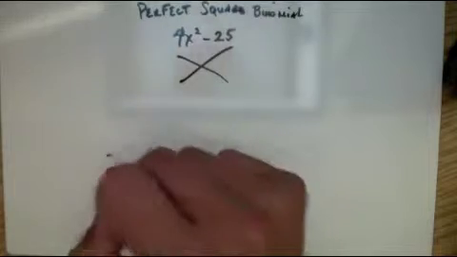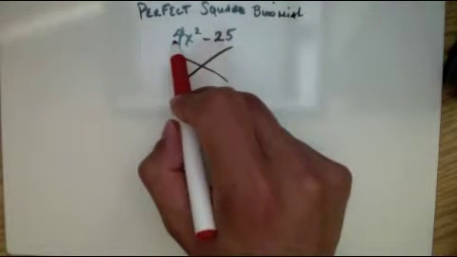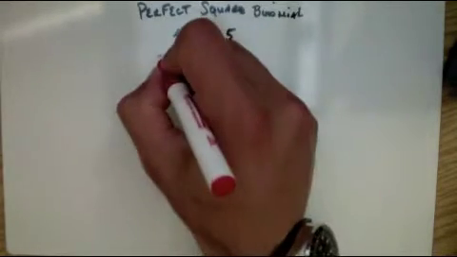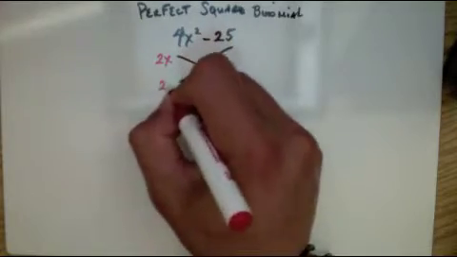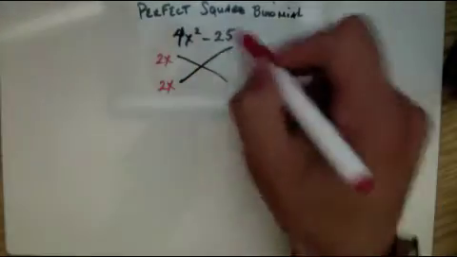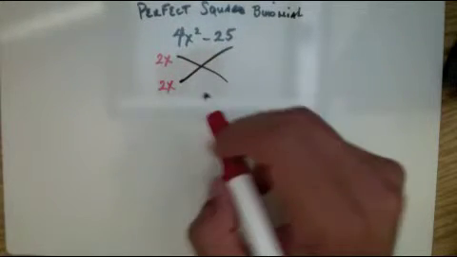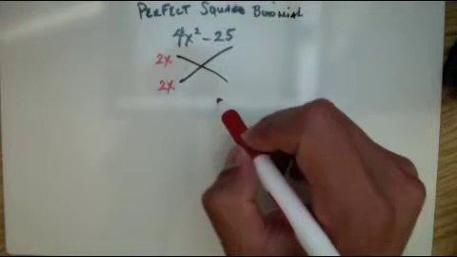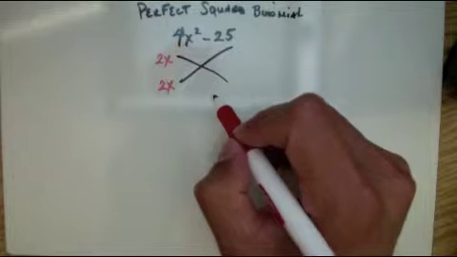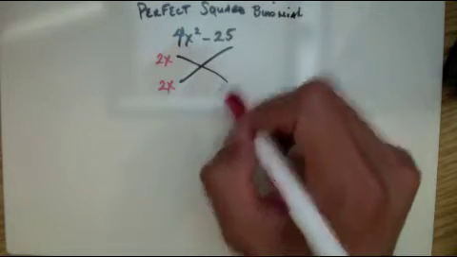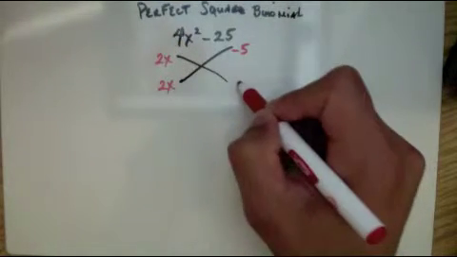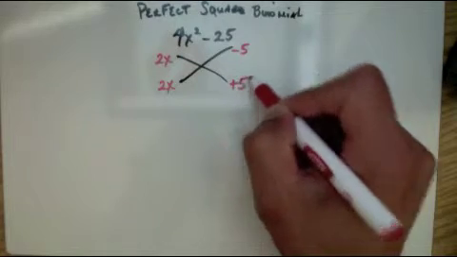So let's start with the 4x squared. You notice that these are perfect squares. 4 is a perfect square of 2 and 2. And then negative 25. Now remember, there is no middle term. There is no x value. So what we want to do is make the middle combine to a 0. The only way I'm going to do that is if I have a negative and a positive.